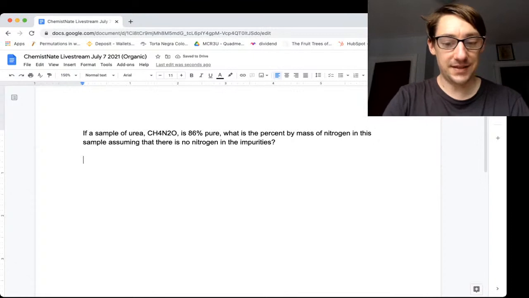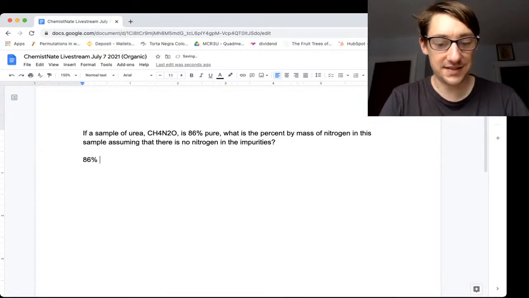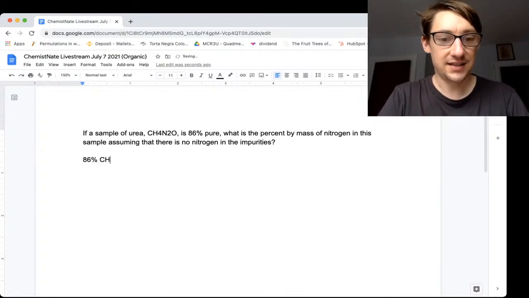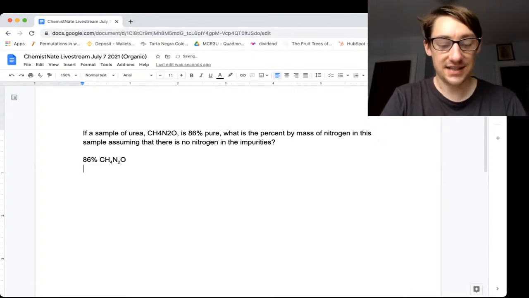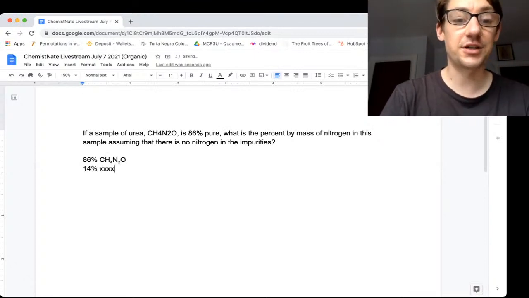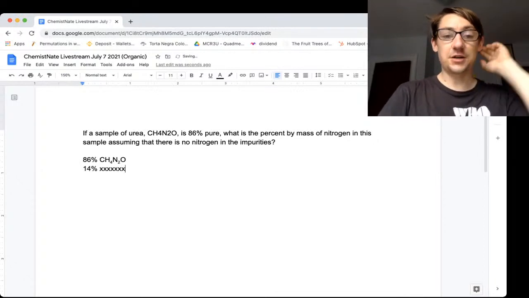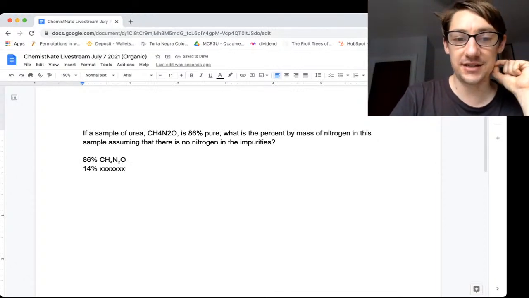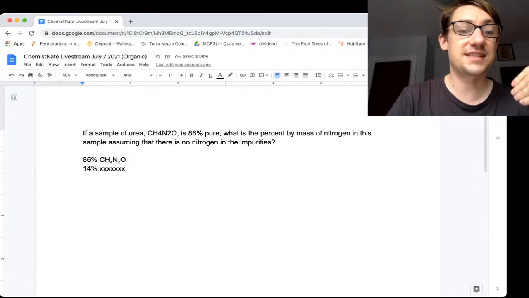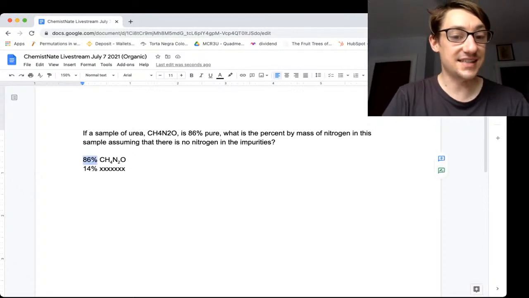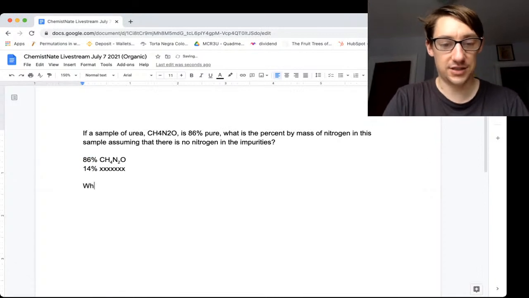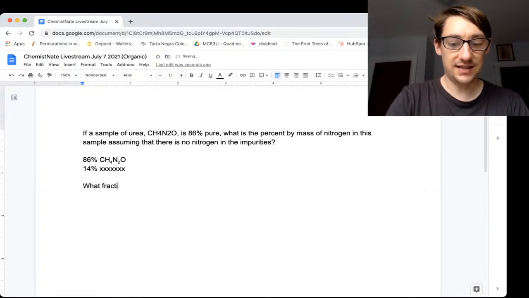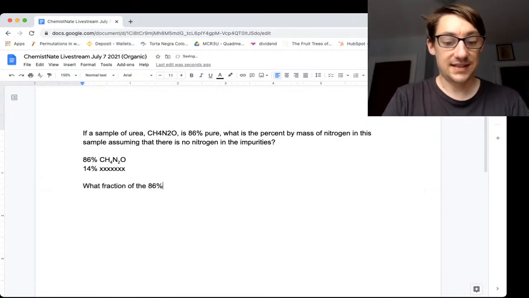What we have is 86% CH4N2O and 14% of something else, and we don't know what it is. So all we really need to know here is what fraction of this 86% is actually nitrogen.